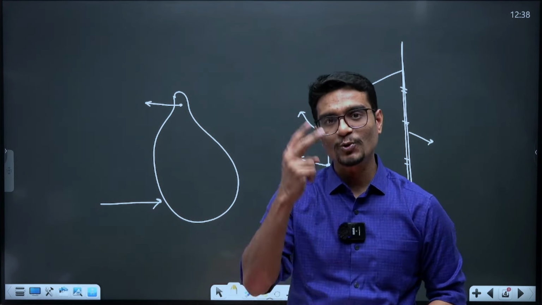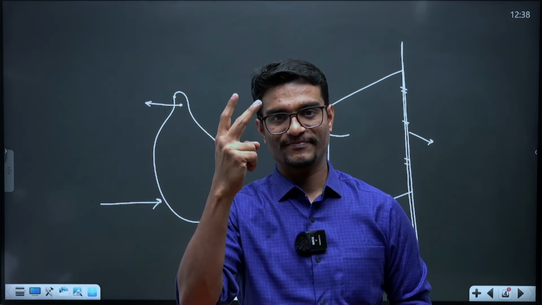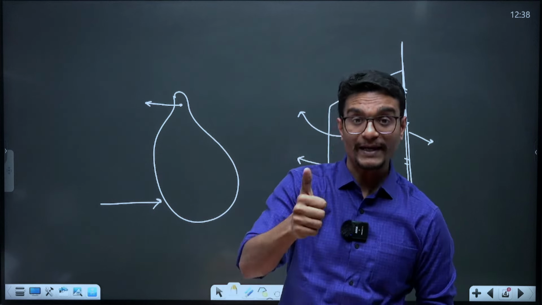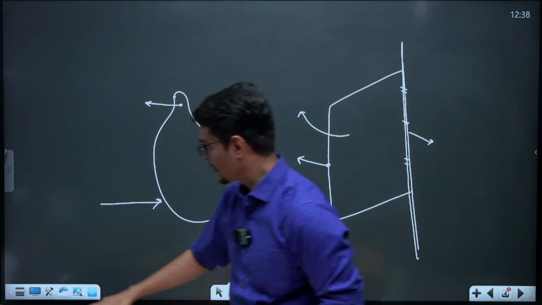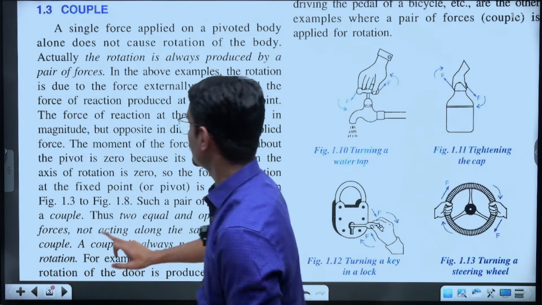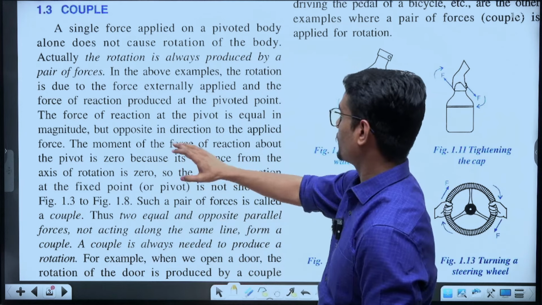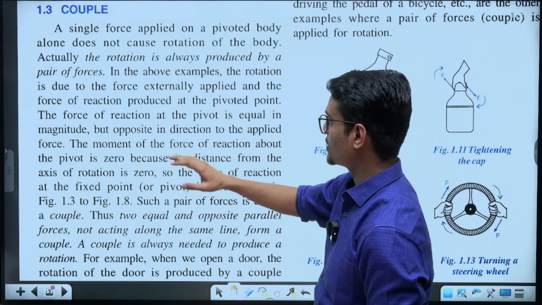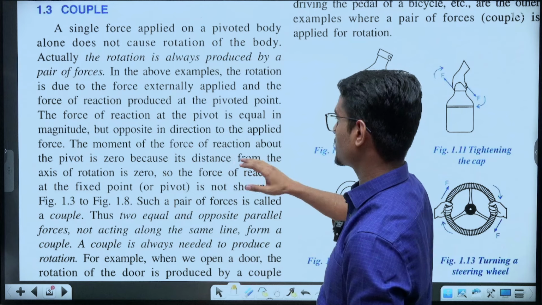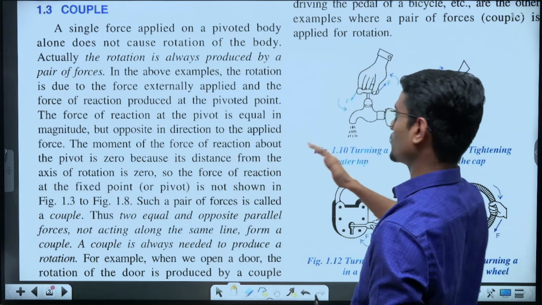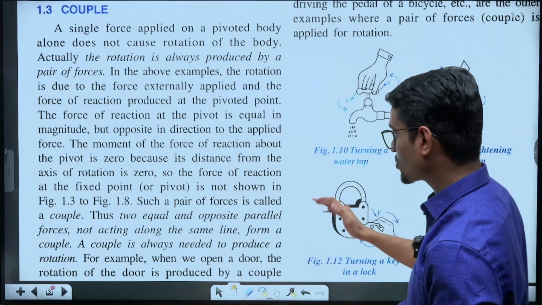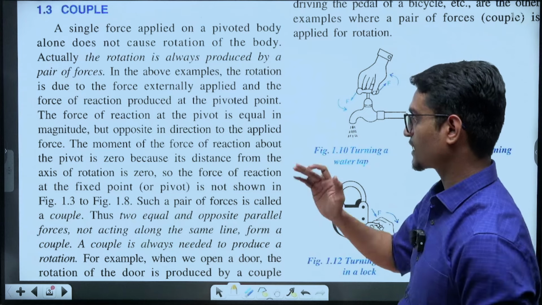So there is this pair. A pair is required. Two forces are required. What the text is saying is the moment of force of reaction about the pivot is 0 because its distance from the axis of rotation is 0. So the force of reaction at the fixed point is not shown. Such a pair of forces is called a couple.